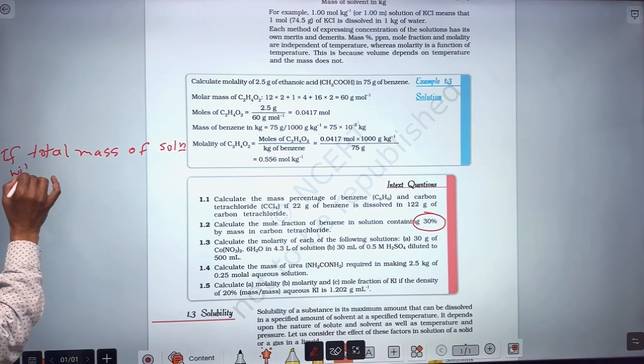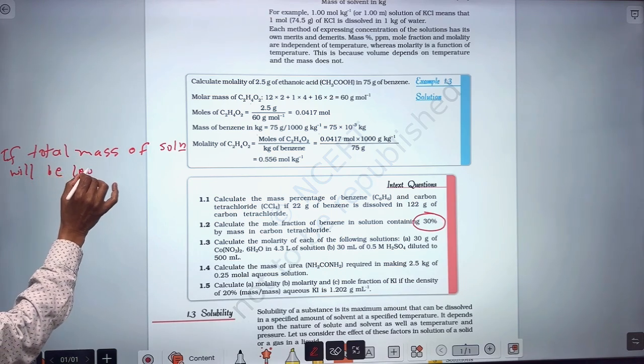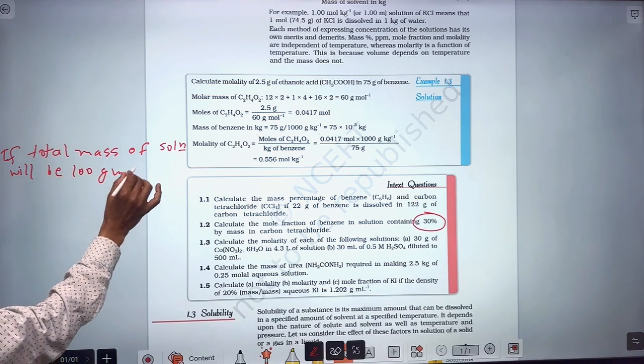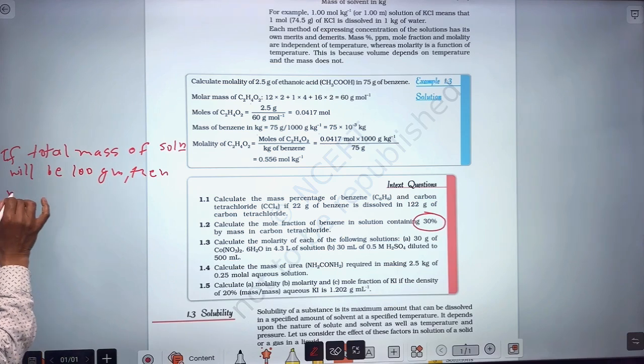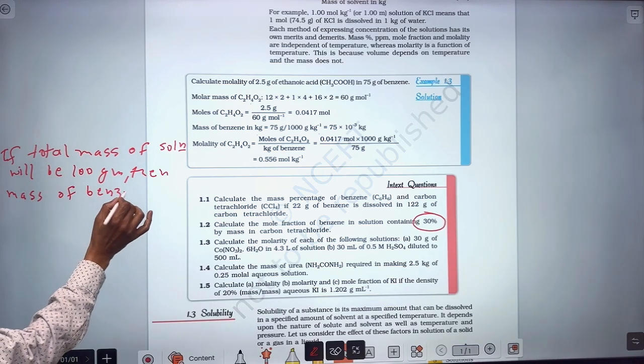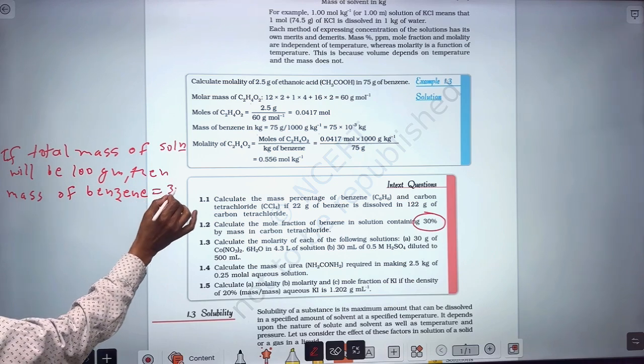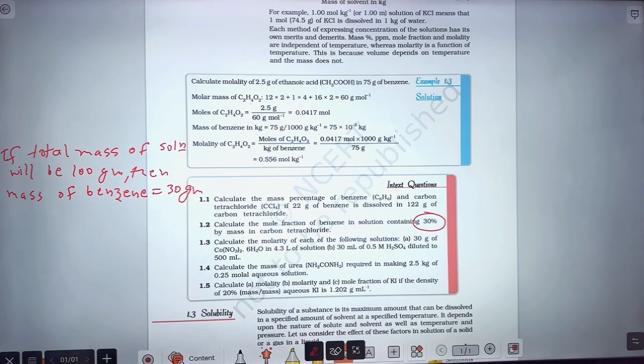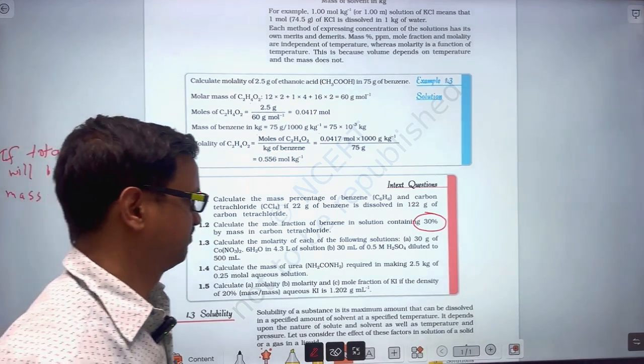So if the total mass of solution is 100 gram, then mass of benzene is 30 gram. That is the meaning of mass percentage.